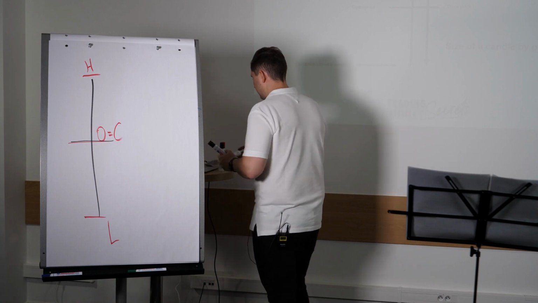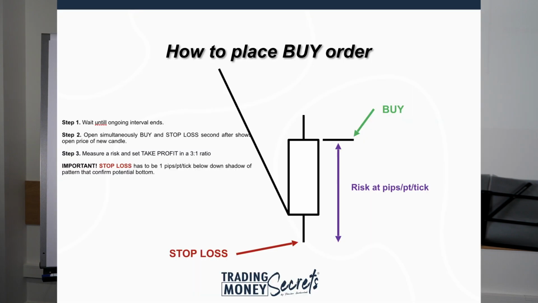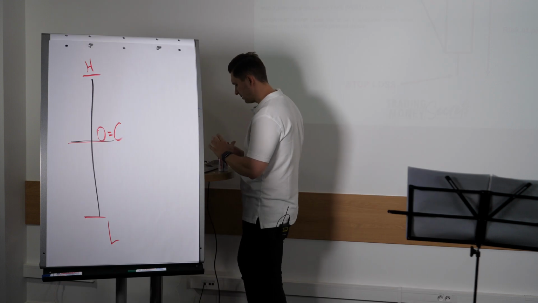Let's take a look at the presentation. I would like to show you right now how to place a buy order. First of all, you need to wait until the ongoing interval ends.